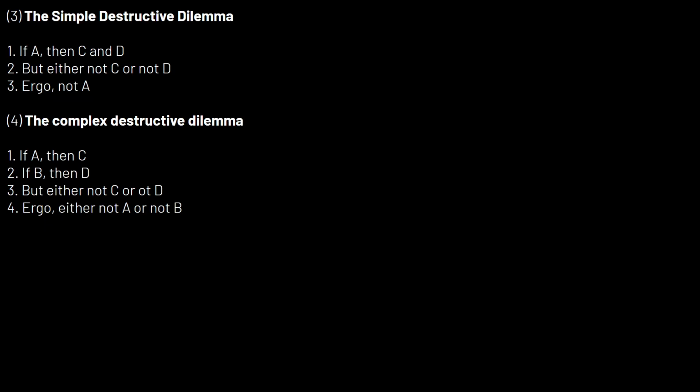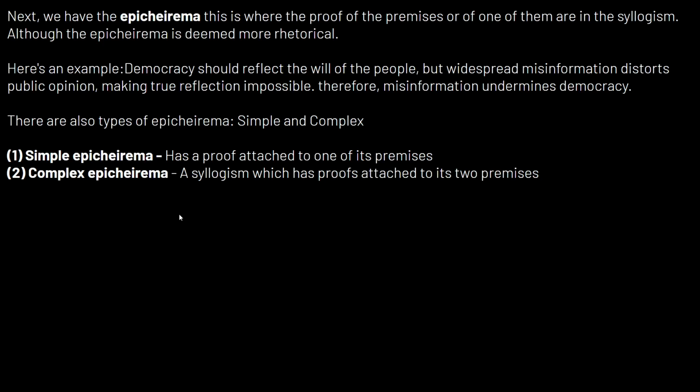But either not C or not D, therefore not A. Because remember, if it takes the form if P then Q, if you deny the consequent, you likewise have to deny the antecedent. Thus, for 4, the complex destructive dilemma is: if A then C, if B then D, but either not C or not D, ergo, therefore, either not A or not B.